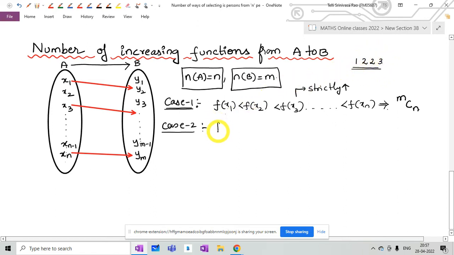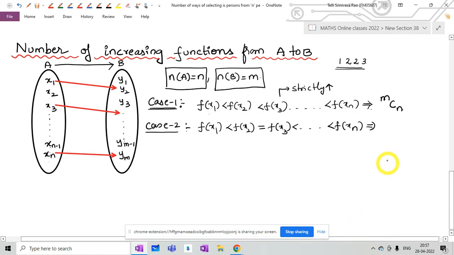So f of x1 is less than f of x2, equal to f of x3, and so on up to less than f of xn. Out of these, how many gaps will be there in between? Total n elements are there, so total n minus 1 gaps will be there. Out of those n minus 1 gaps, select any one gap and keep the equal sign there.